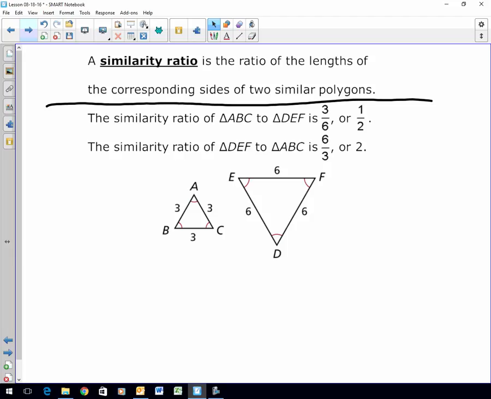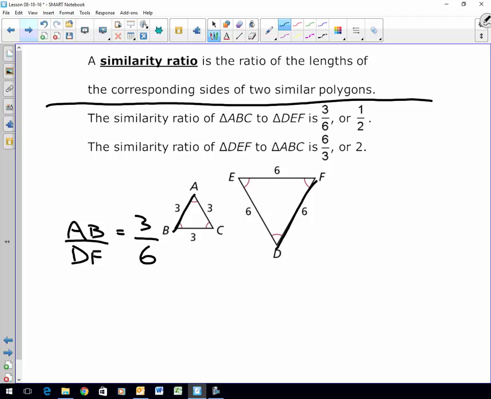All right, check it out here. Here's the proportion of these two triangles. We call it proportional because it has a similarity ratio. Look how A to B is 3. Look how B to F is 6. The side length of A to B is 3.